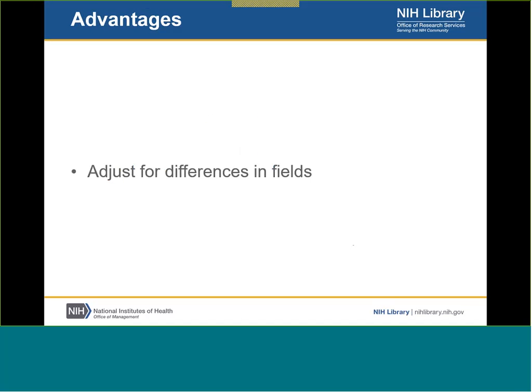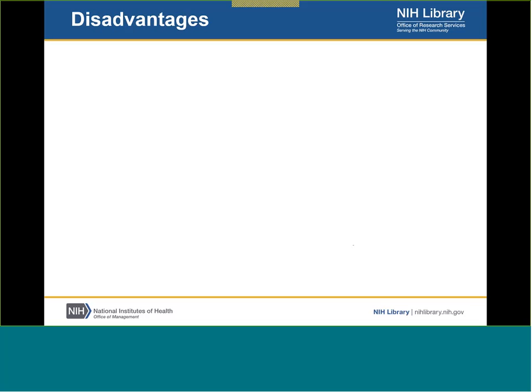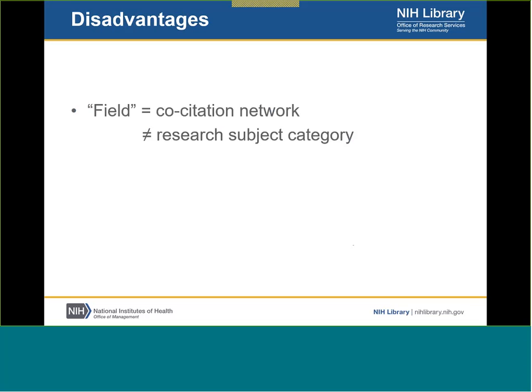The strength, or the advantage, of course, is that it adjusts for the differences in the fields. It compares your research against something. The limitation of it is that now you know that the field is a co-citation network, but you don't really know what exactly the research subject category is.